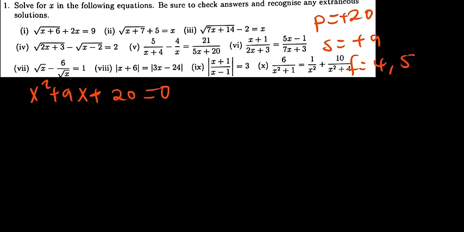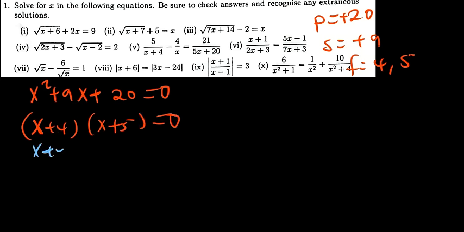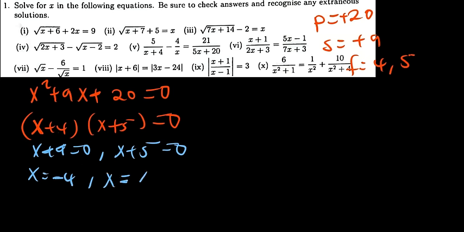You just say x plus 4 and x plus 5 is equal to 0. So that would mean to say x plus 4 is equal to 0, x plus 5 is equal to 0. So x will be equal to negative 4, and x will be equal to negative 5.